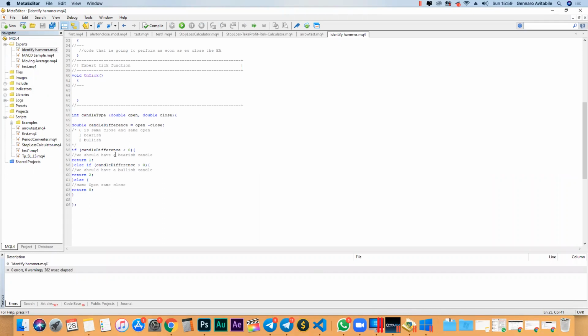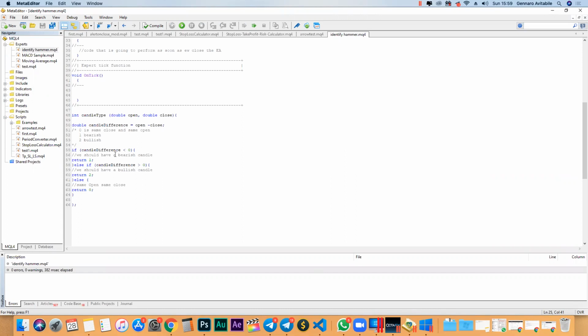So if candle difference is less than 0, then this is a bearish candle, and if it's more than 0, bullish. Because the open, oh right, open.